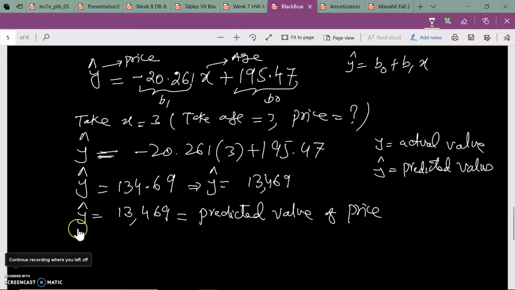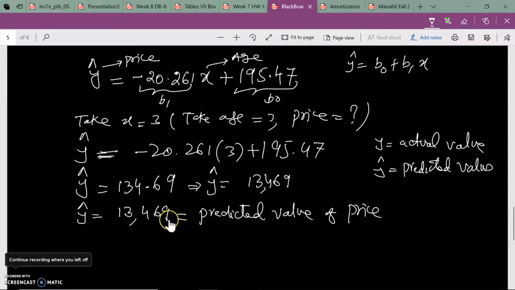So you can see that this regression equation can be used very easily for prediction purposes. This is one of the uses of this regression equation.